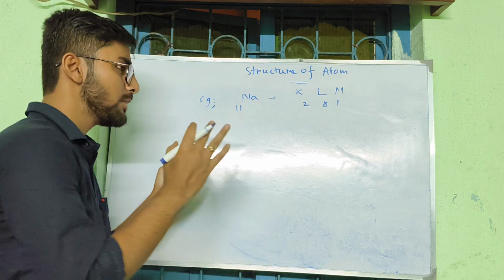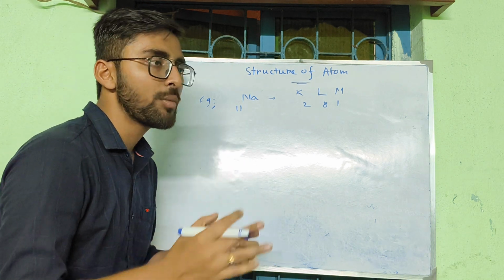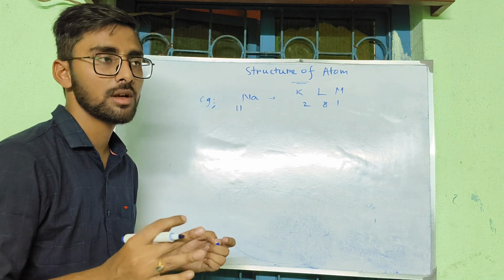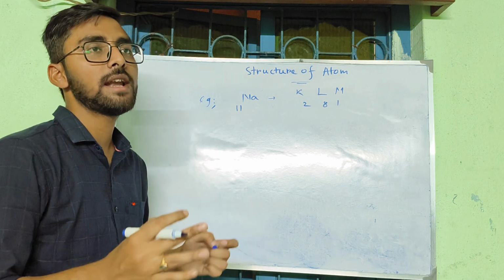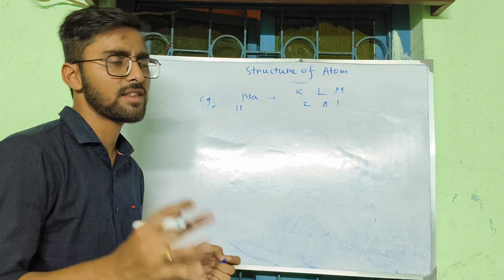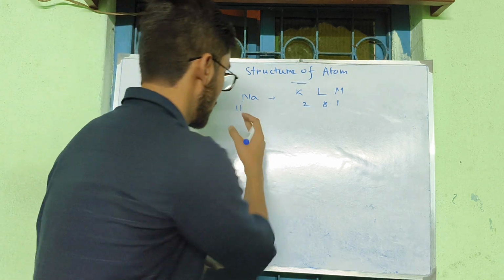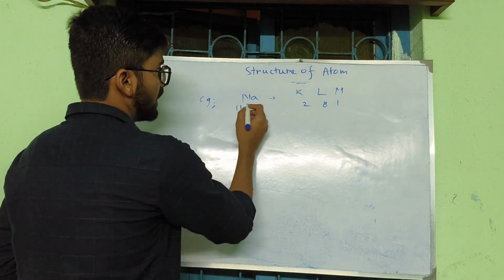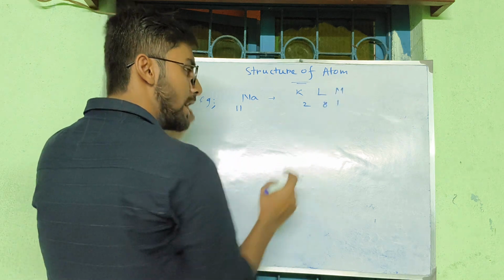Overall, I can say that valency is the number of electrons accepted or rejected by an atom to accommodate 8 electrons in the outermost shell, except in case of helium atom that contains 2 electrons in K shell. So let's understand this with an example. In case of sodium atom, it contains 1 electron in the M shell.